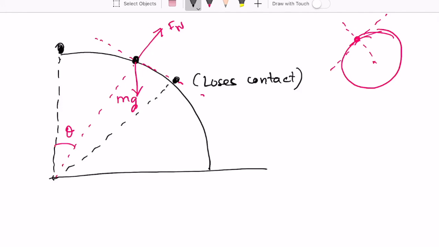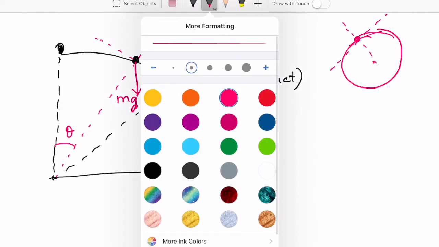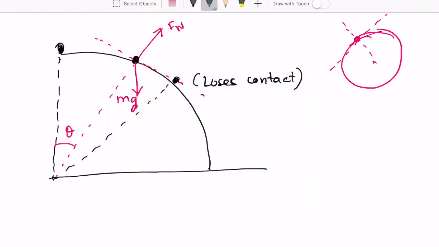So let's go ahead and break up mg into two components. So the two components would look like this. One of them would go in the radial direction, and the other one would go in the tangential direction. All right. We have the angle theta. I might as well just get rid of this as well, just to make the diagram less cluttered.